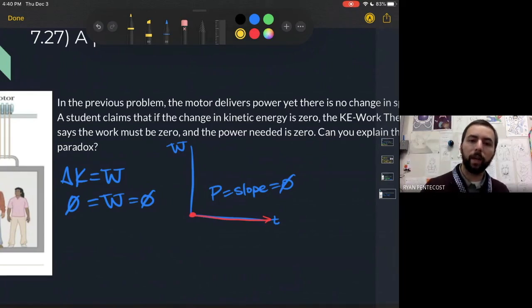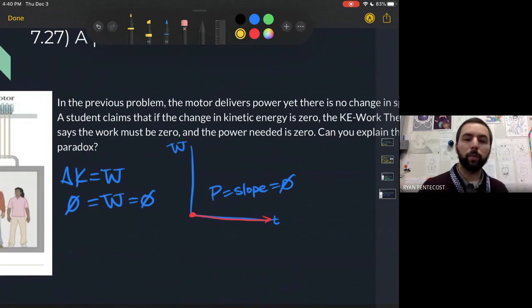So when you raise an object in a gravitational field, you are giving it energy. It's given potential energy, and that potential energy is often converted to kinetic energy once it is let go and released to fall or ride down a track or swing on a pendulum, things like that.